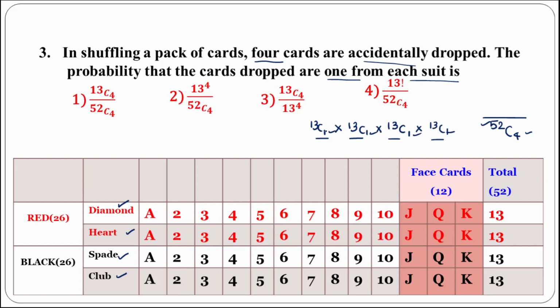Now what is the 13C1 value? 13C1 is nothing but 13, because I told you nC1 is nothing but n. So 13 into 13 into 13 into 13. So what's the answer? 13 raised to 4. So here I will write 13 raised to 4. So which option? Option 2, 13 raised to 4 by 52C4.